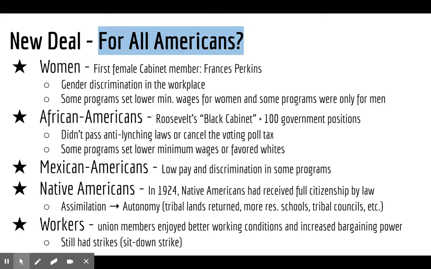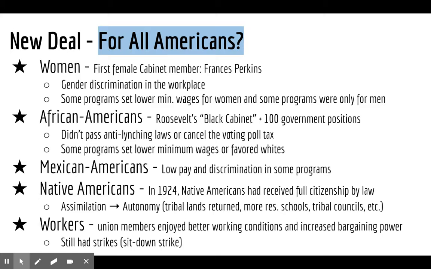America wanted Native Americans to be like us, to be like quote unquote American culture. They gave them reservation land, but even that was kind of weird. The American government was kind of trying to control Native Americans. And now during the New Deal, they're letting Native Americans control themselves: autonomy.